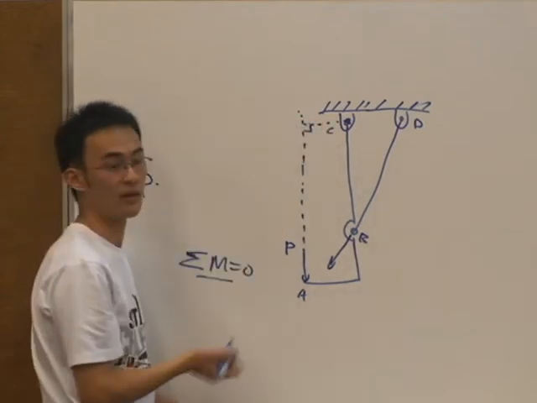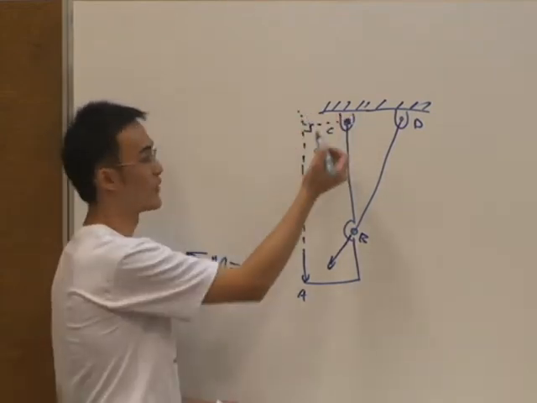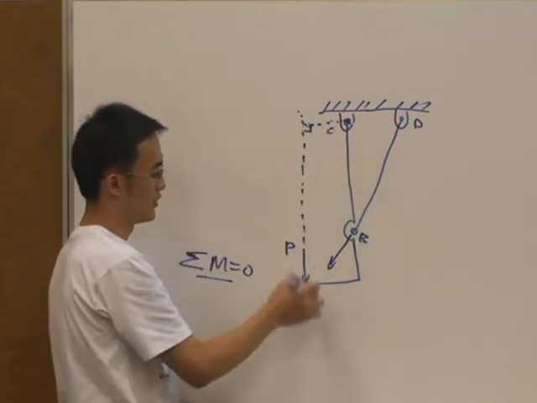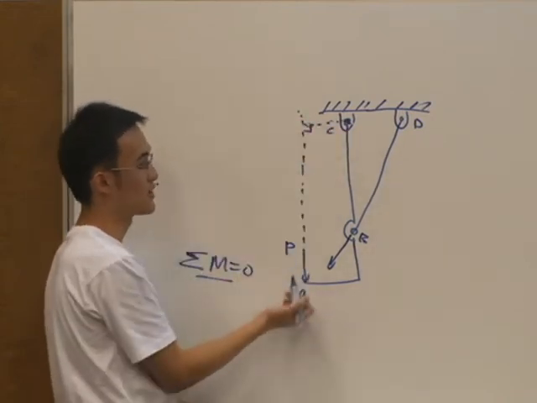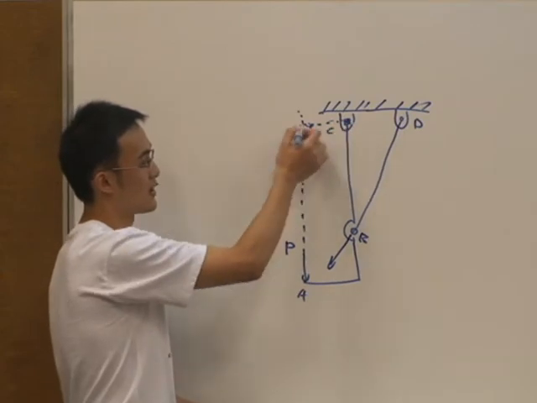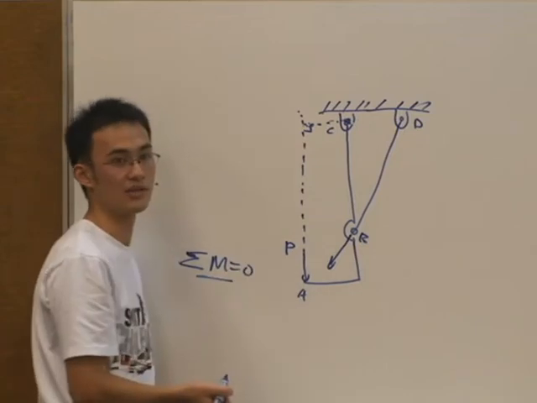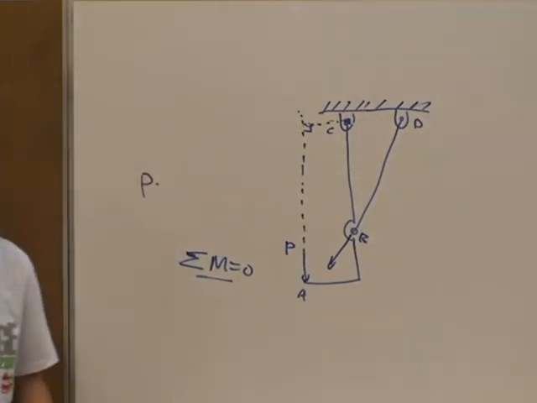This must be perpendicular. That's why it's the distance, from this point to the extension line of this force. This distance must be perpendicular to the extension line of the force. That's what we mean by the force arm.